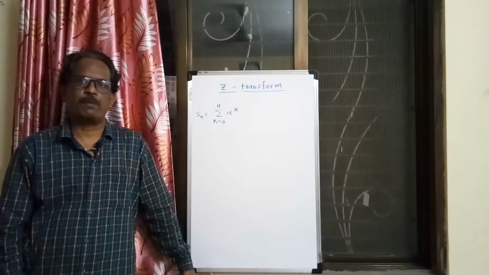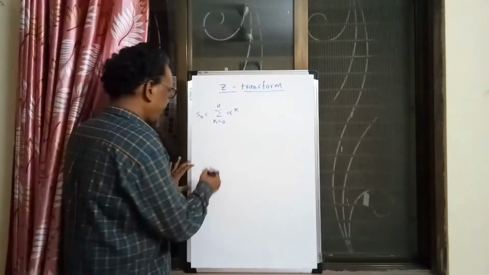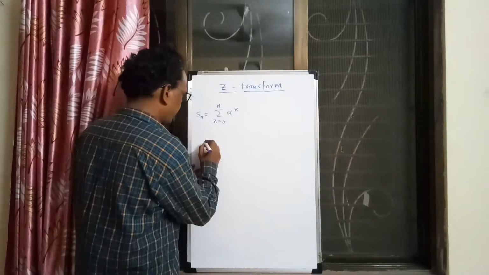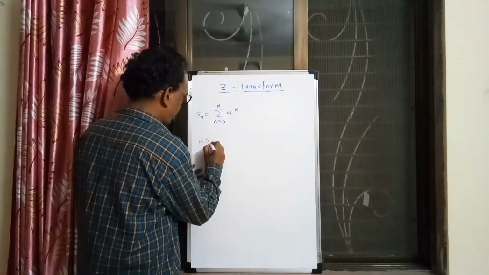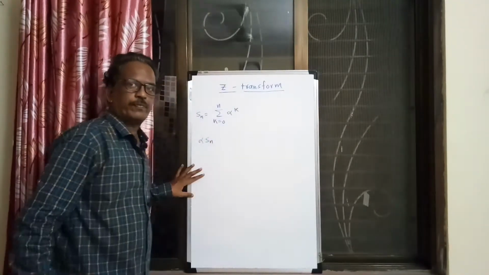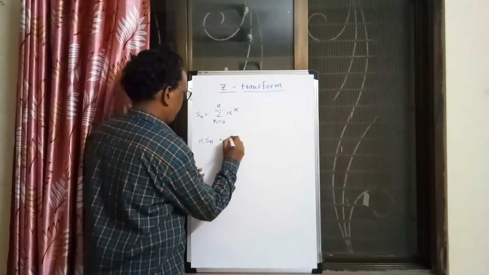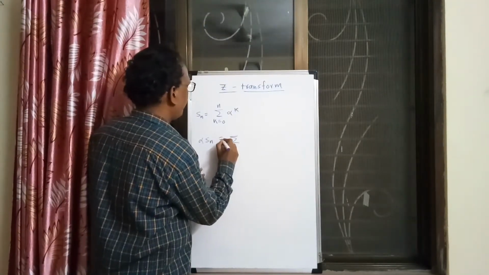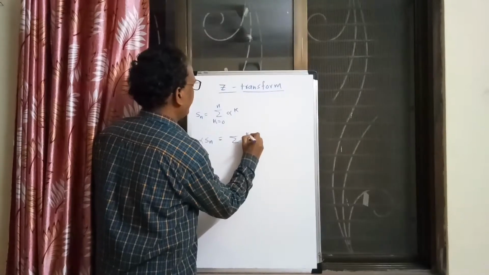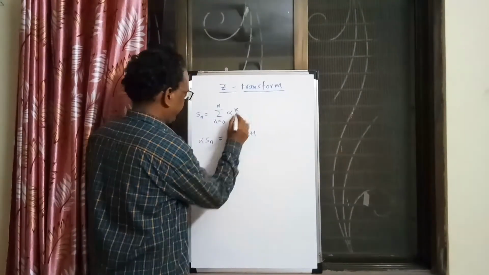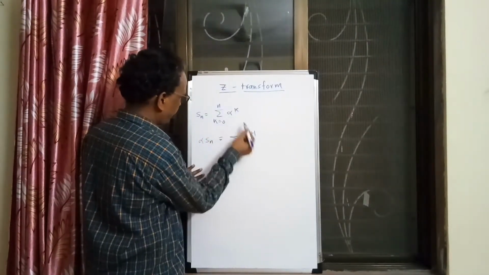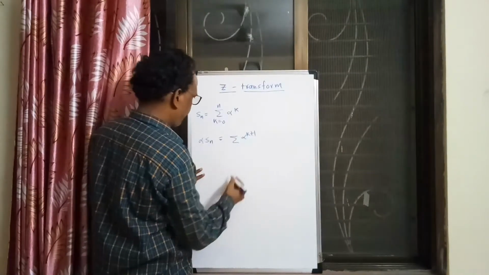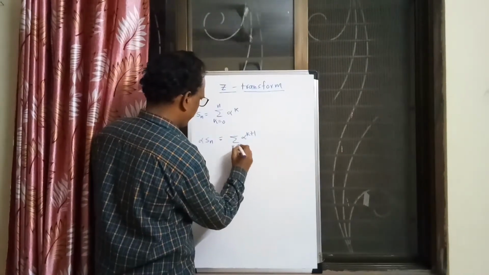To find this, what I will do is multiply this equation by alpha. So alpha into Sn, multiplying both sides by alpha. What do you get? Alpha raised to k becomes alpha raised to k plus 1, with k equal to 0 to n.